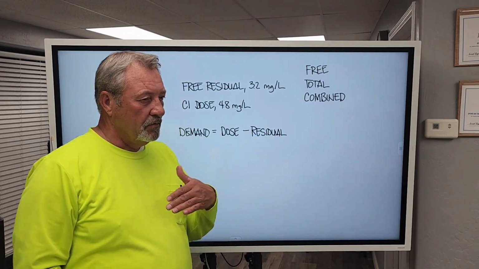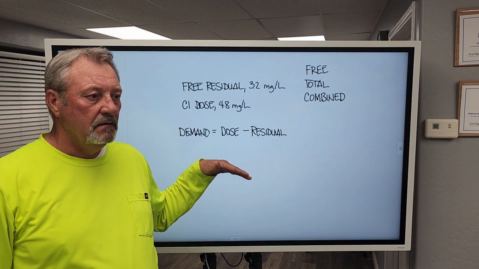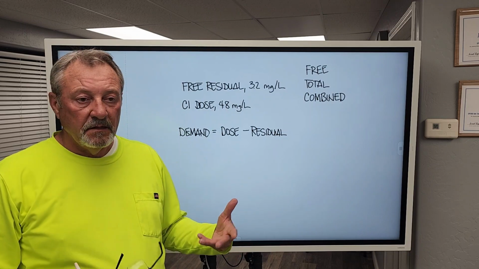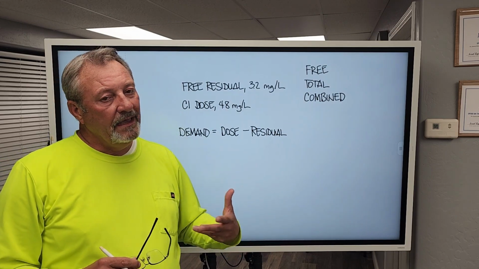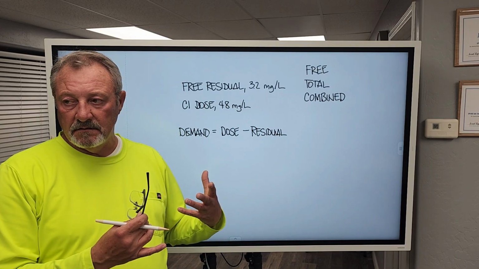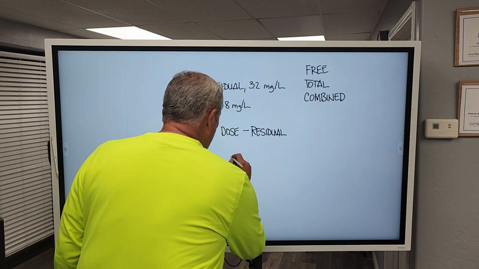Now, just a real quick explanation. When we first start dosing our water with chlorine, if there's ammonia present in the water and other organic substances, the chlorine first combines with those organic substances and creates what we call a chloramine.